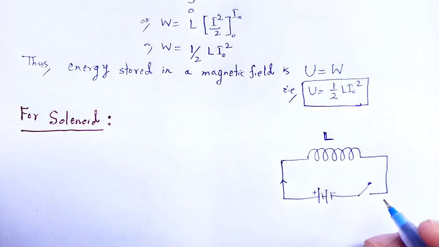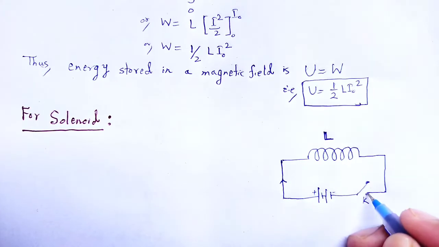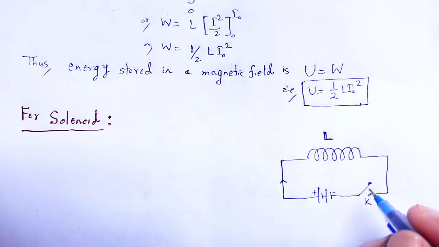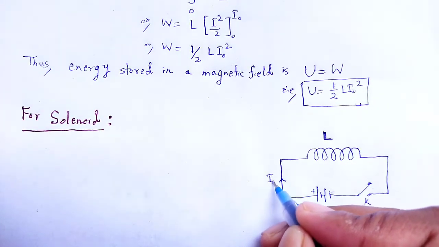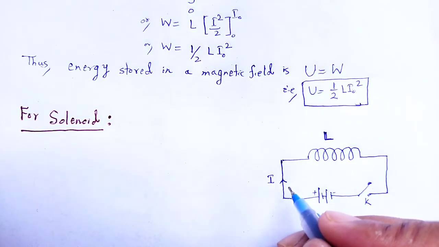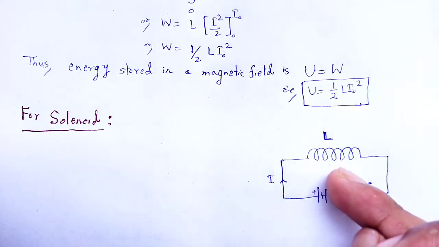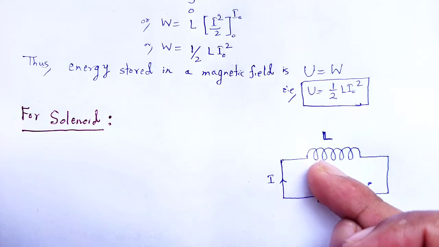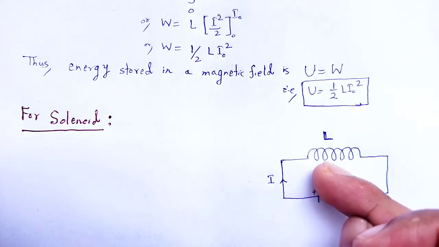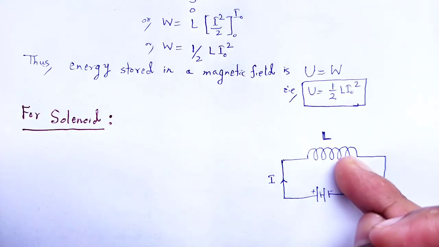On pressing the key K, the current I flows and the phenomenon of self induction opposes the growth of current in the circuit.